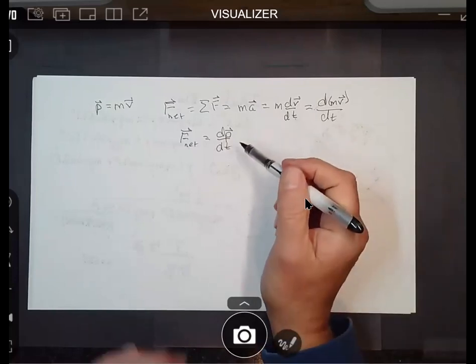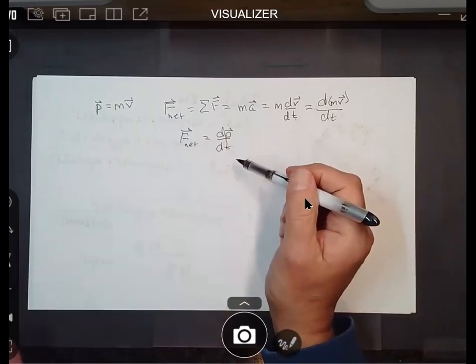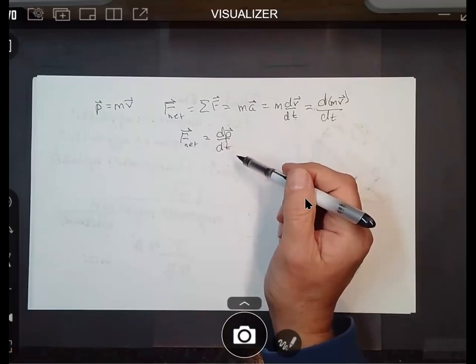Now, looking at it this way, I'm going to monkey around with some stuff.